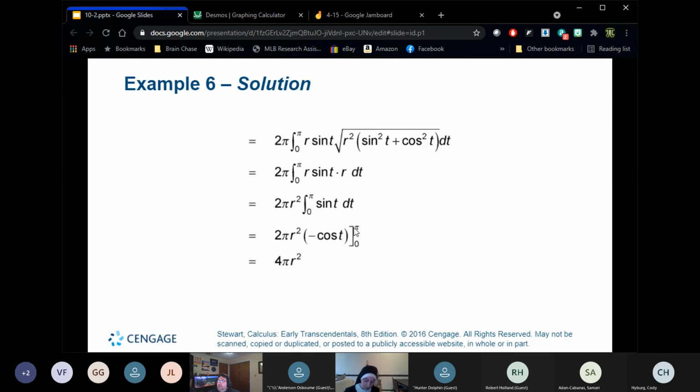Plugging in 0 and pi: when I plug in 0, I get negative 1, and when I plug in pi, I get positive 1, so I get 1 plus 1, which is 2, and I get 4 pi r squared.